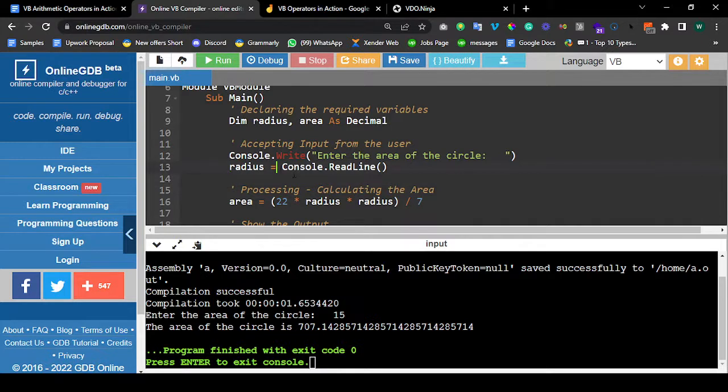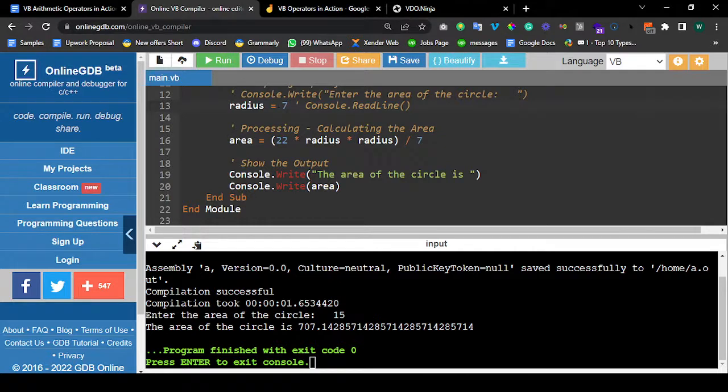Another thing you should know is that, if you look at it very well, the user is the one giving me the values for the radius. What if I just want to supply the values directly without asking the user? All I have to do is comment this one out, and comment this one out. So if I come here and put in 7, it will just calculate the area for me directly.